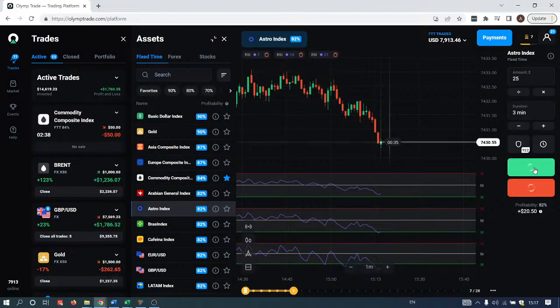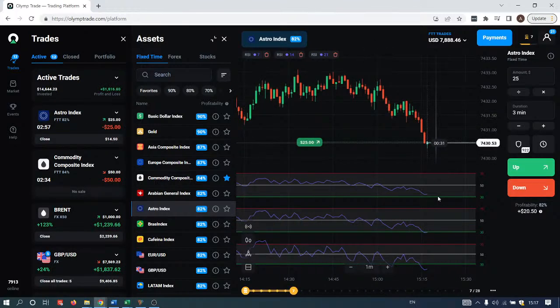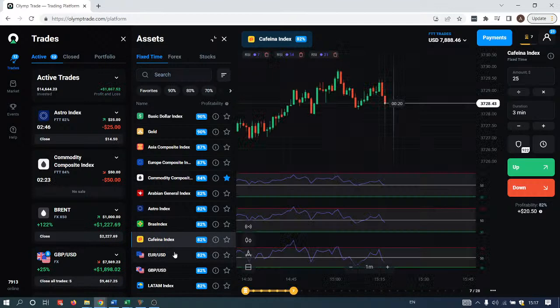Astro index. All right, let's open a trade here. We are oversold on almost all three RSIs, and even the slow one is nearly oversold. So that is a very positive sign for this asset. So we can use that signal.